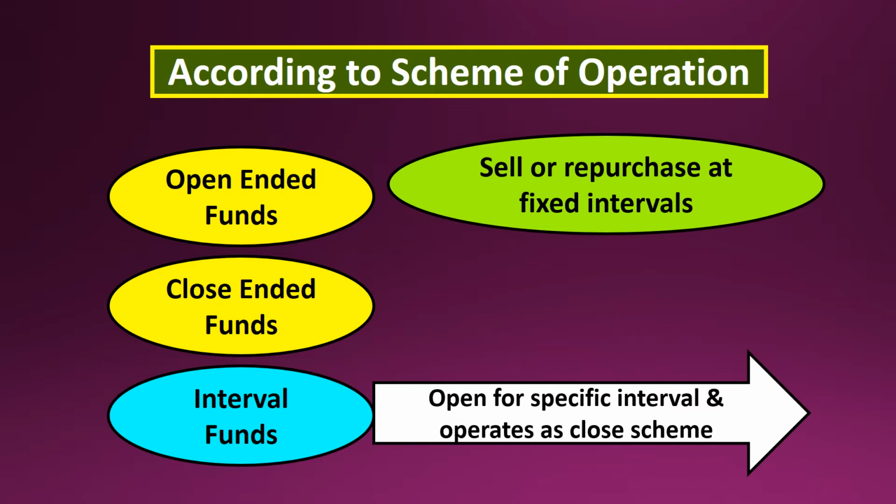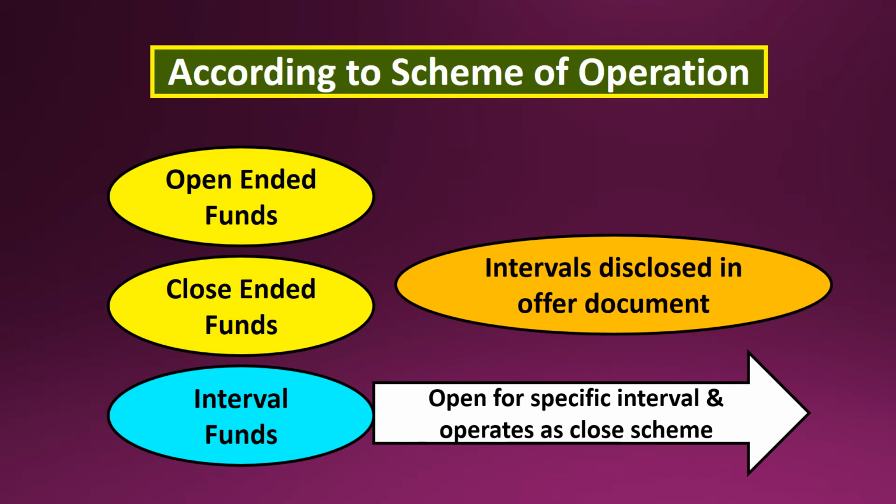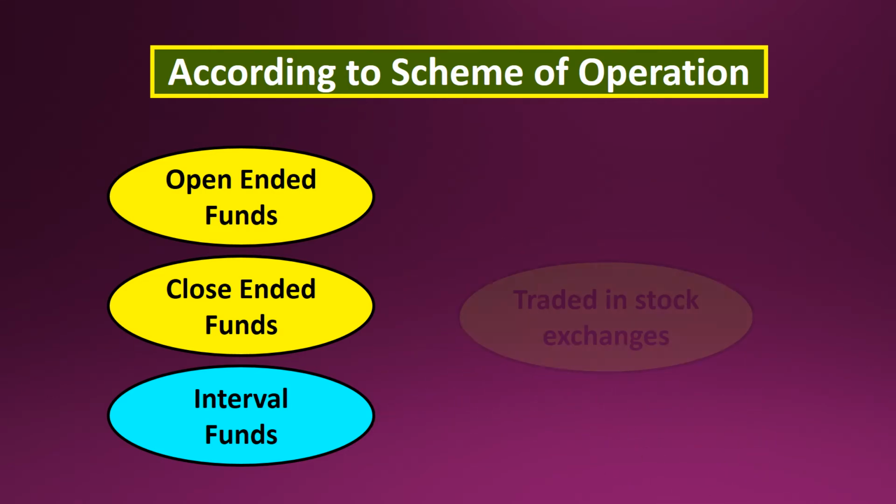Since this period is fixed and predetermined, it can be disclosed to the investors in the offer document. The units of the scheme are also traded in the stock exchanges.